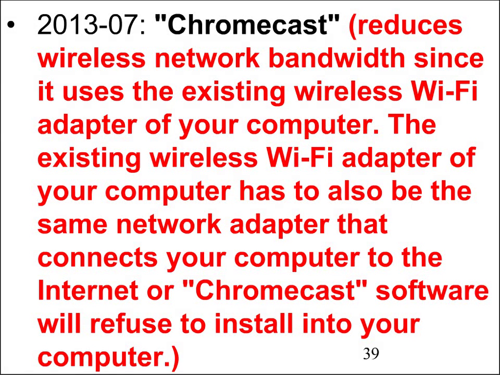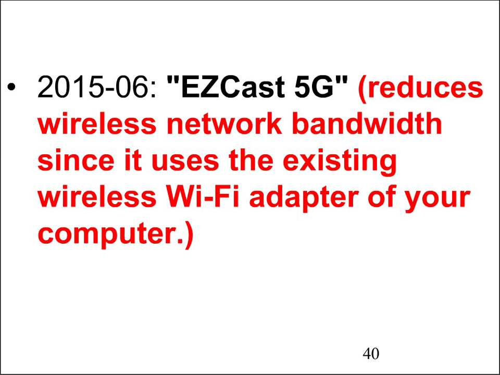It uses your existing Wi-Fi infrastructure in your home or business. EZCast also does that, but it does provide you an additional router that's built inside it, so it somehow mitigates some of that effect.